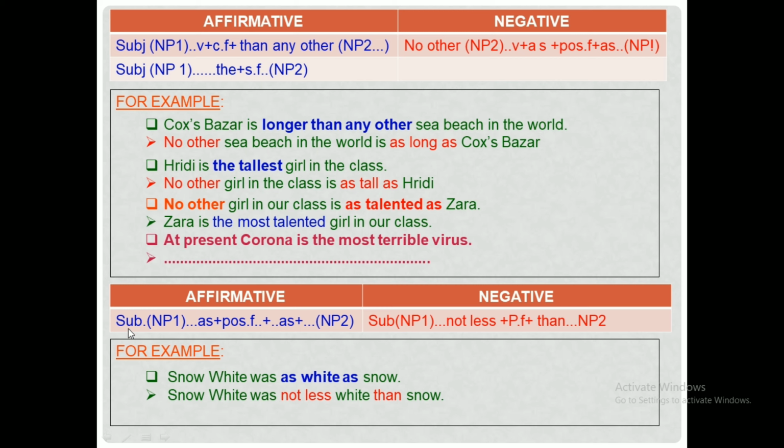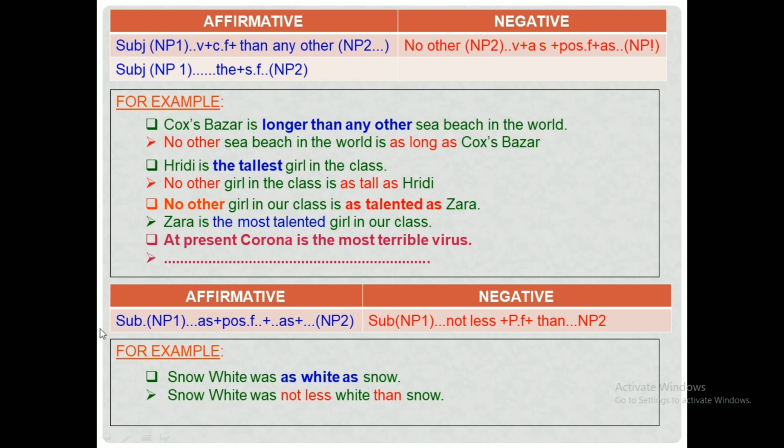After subject, we shall use as, and then positive form plus as plus NP2. In the negative, the structure will be subject blah blah blah, not less plus positive form plus than plus NP2.